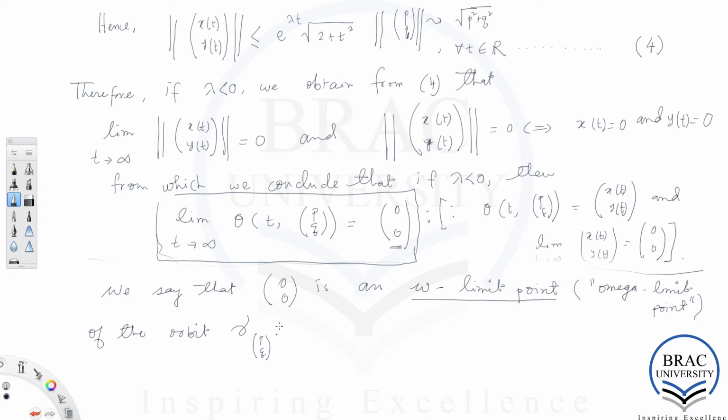Okay, this is what we are going to write. So this vector on the right side is an omega limit point, not the omega limit point, because there can be more than one omega limit point. Okay, so the collection of all omega limit points will be called the omega limit set. So here in this case 0, 0 is an omega limit point of this orbit going through PQ. This is what we say.